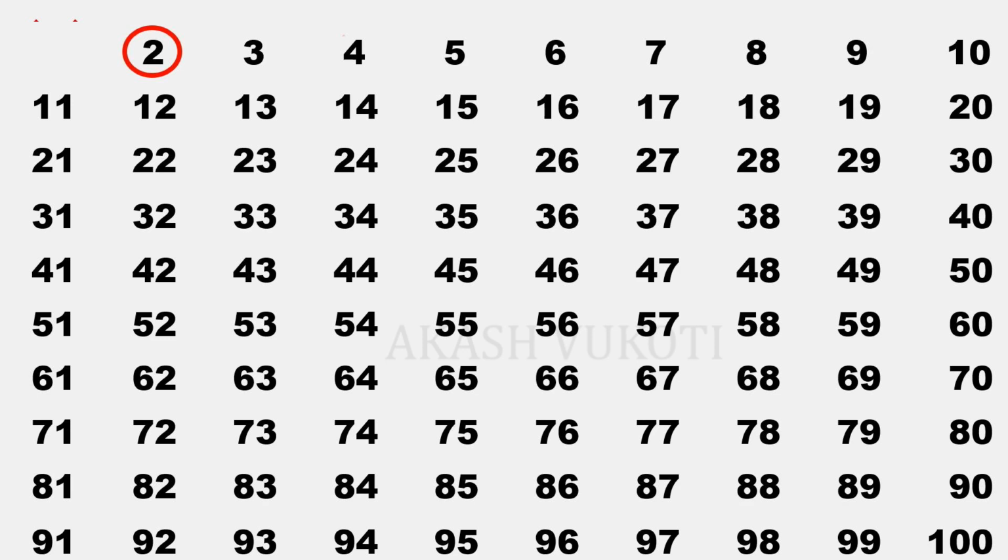So let us cross them all out now. As you can see, we can now start crossing out 4, 6, 8, 10, and all of the other numbers divisible by 2, which are not prime because, as well as 1 and themselves, they're also divisible by 2.